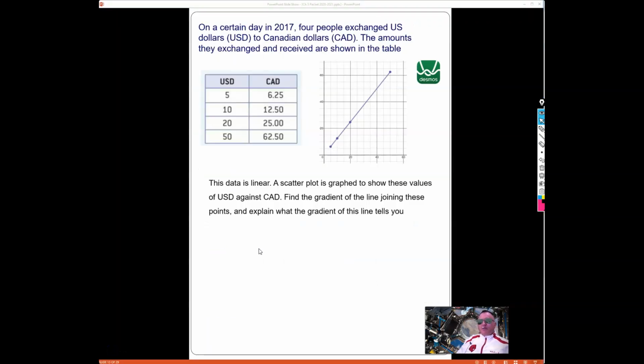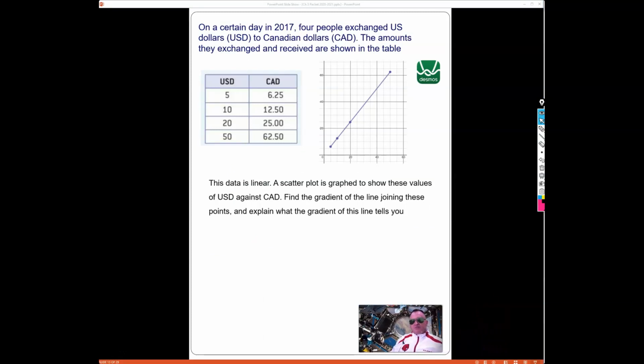Alright, so what we have here is we're given some exchange rates between American and Canadian dollars. On a certain day in 2017, 4 people exchanged US dollars to Canadian dollars. The amounts they exchanged and received are shown in the table.